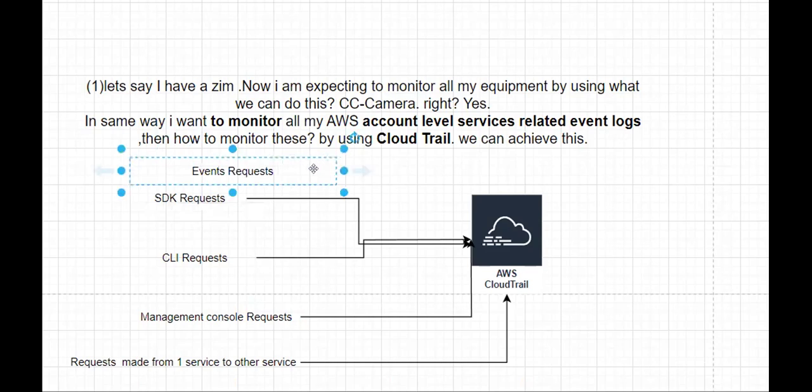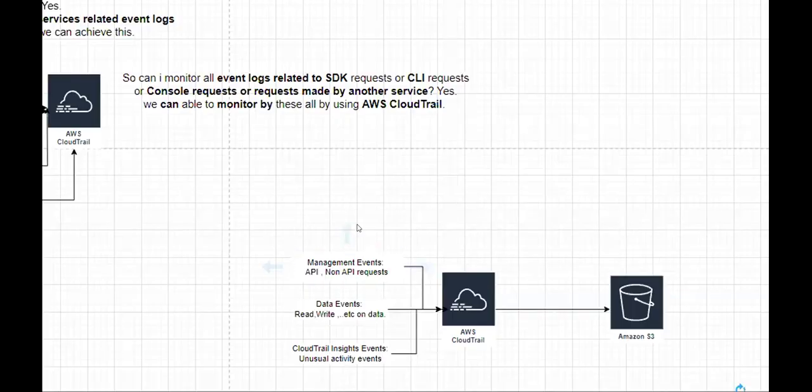So from all these event requests, CloudTrail has categorized them into three categories: management events, data events, and CloudTrail Insights events.